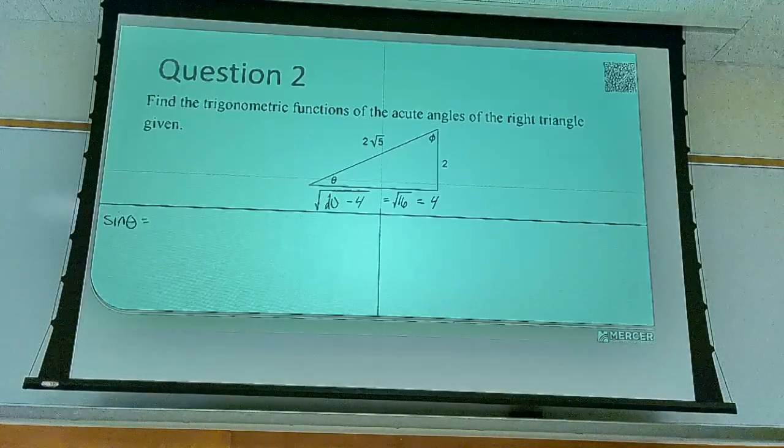Sine of theta. 2 over 2 square root of 5, which simplifies to what?